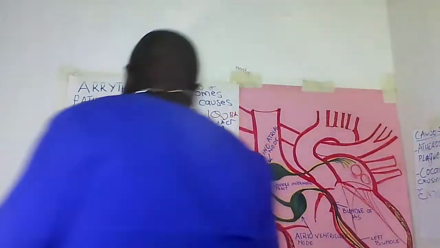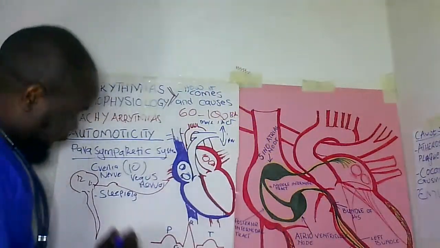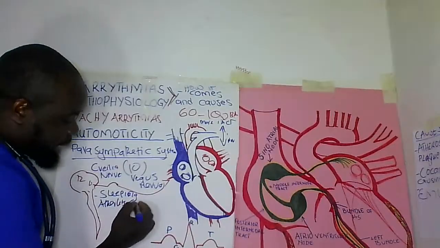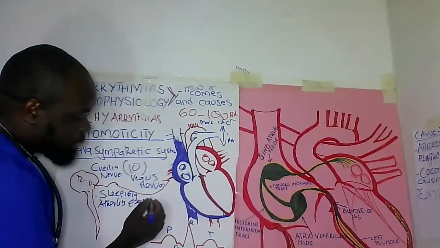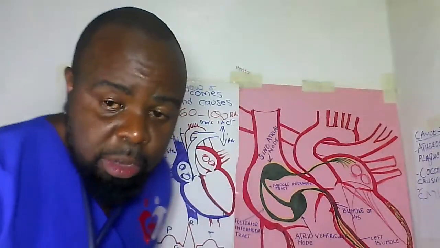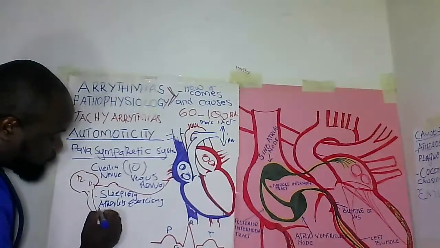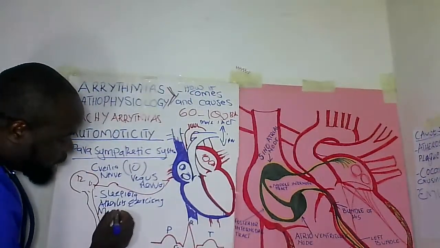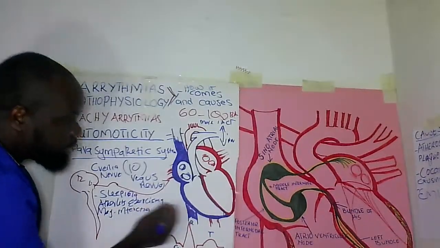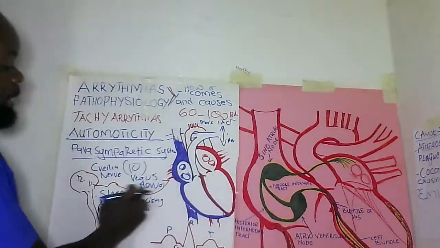We have said sleeping. We have said athlete's heart, hard exercising. And then we have said inferior MI, myocardial infarction, slowing the heart to beat, increasing the vagal tone.